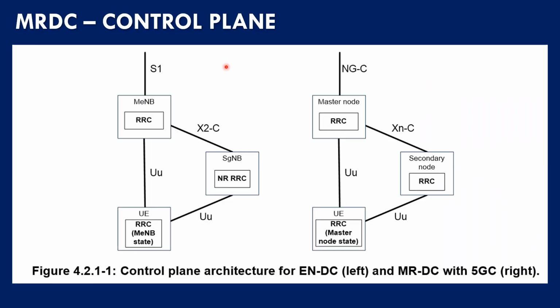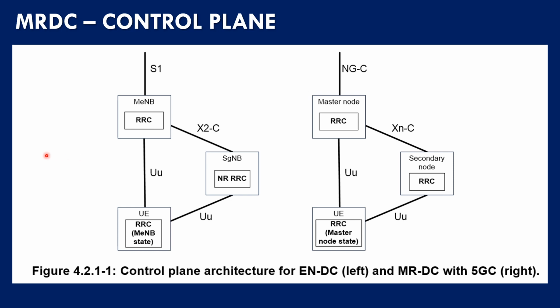Let us discuss the MRDC control plane. This figure is of the control plane architecture, ENDC on the left side, and MRDC with 5G core on the right side. The RRC layer, as we all know, operates between the BTS and UE, and it transfers messages belonging to the RRC signaling protocol.